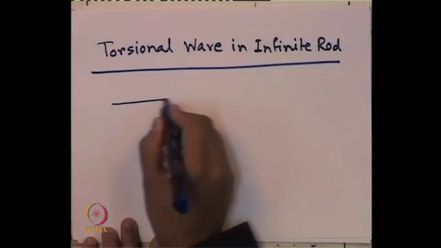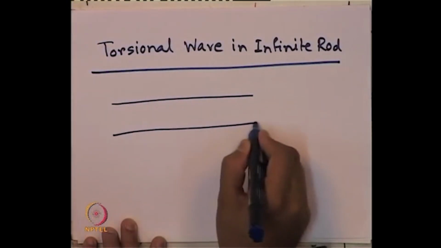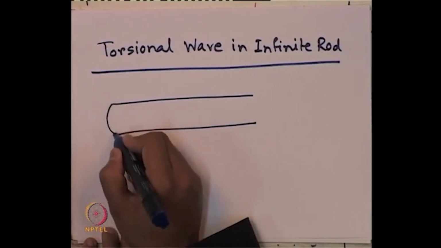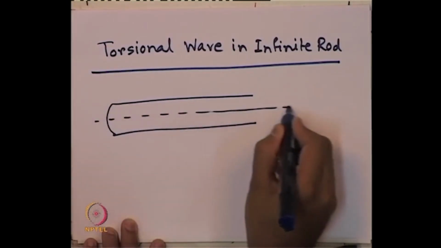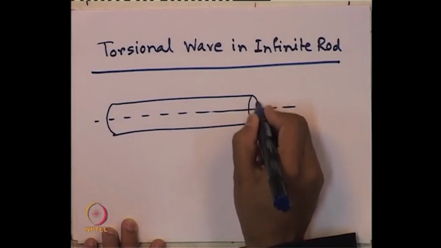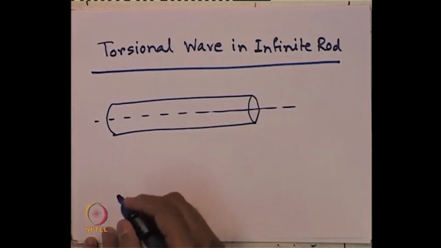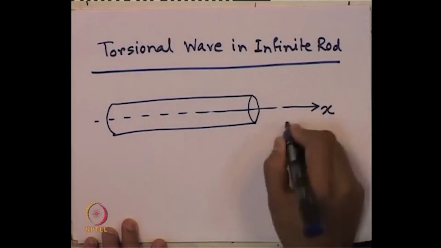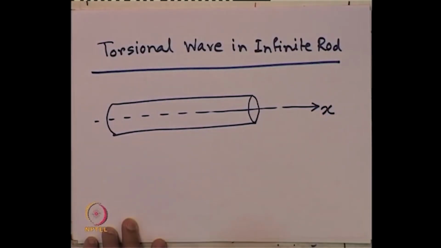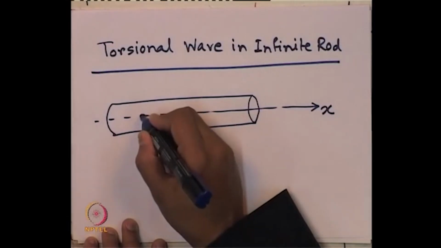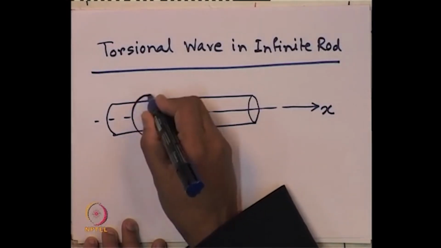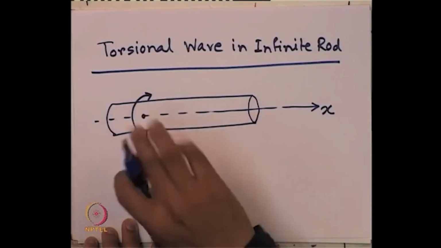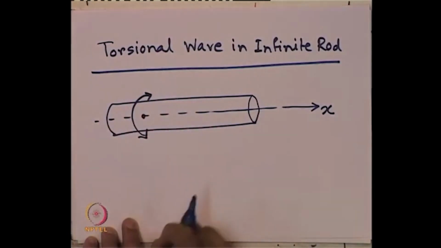So, let us take again the same infinite rod, and in this case the wave is moving in this direction x, but particles are moving in this direction, that is, it is getting twisted or torsion.